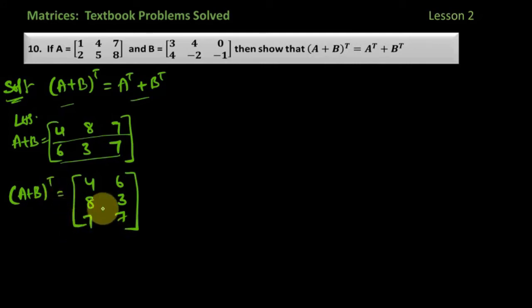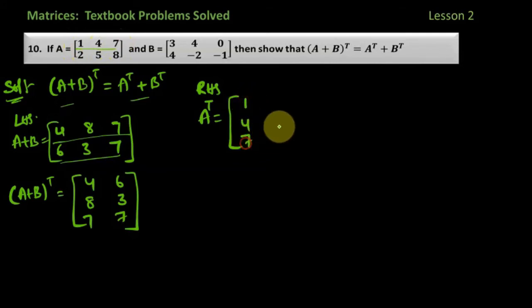Right. So now we'll solve the right hand side part. What is there in the right hand side part? First we should find A transpose. Okay. So what is the A value here? The A value is 1. Directly I am writing here A transpose. So transpose means what? This row value will become my column value. Right. So 4, 7.